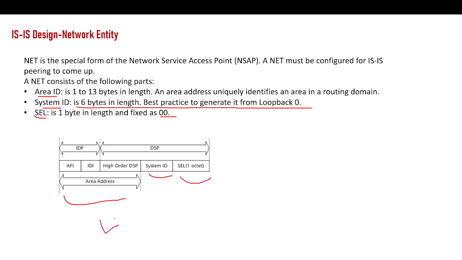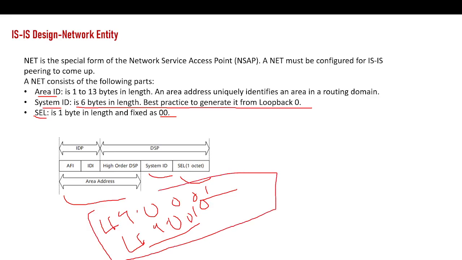Many times we'll find something like 49.0001. This could be the area ID that you will set up. You can have 49.0010, or 0010. This is the area ID we are talking of. And then of course we'll add the system ID and the selector.